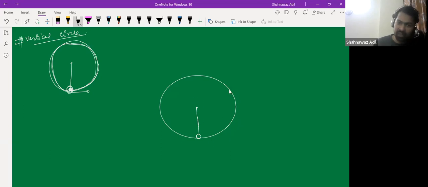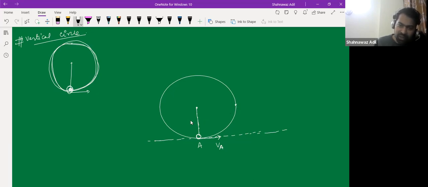This position is the reference that I'm taking. This point is A, and I am providing some initial velocity VA, and then it reaches here, right?